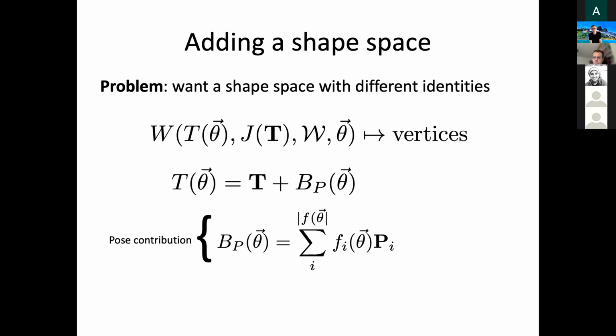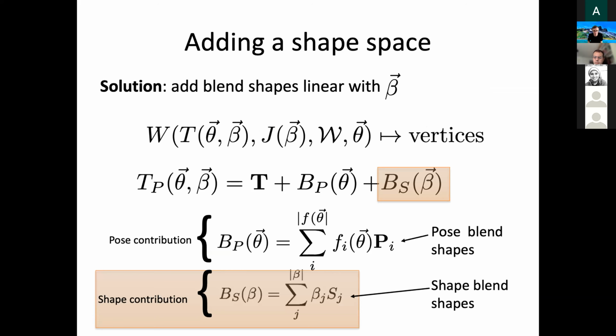So now we have this shape space. I mean, we have the pose now represented. So we have something that adds correctives for pose for a single shape. Now we're just going to add in our blend shapes for body shape. These are the principal components controlled by the small set of parameters beta.